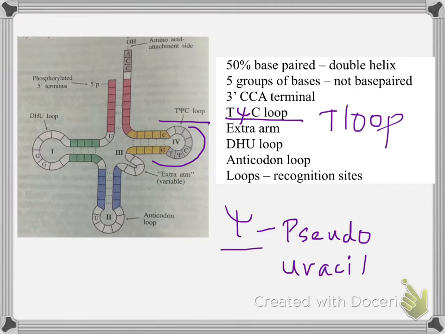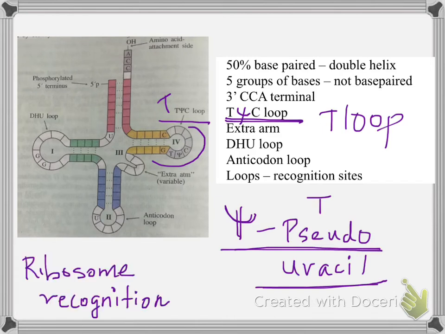Because of the presence of this psi, and the presence of thymine, this arm is known as the T psi C arm or T loop. Usually thymine is not present in RNA, but here thymine is present.